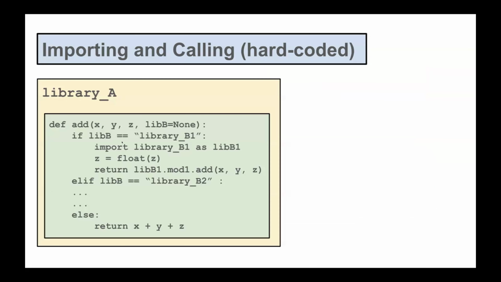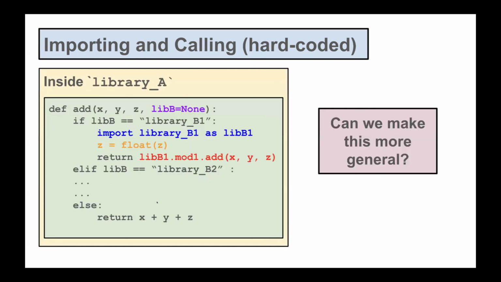I have taken this library P as the argument, and I'm saying that if it's library P1, first you import it and then you modify the types of the argument so that it's suitable for library P1, and then I find the add function in library P1 and then I call it, and I do the same thing for all these backend libraries, but it's not very nice because my actual code is just one line, and so it's very dirty.